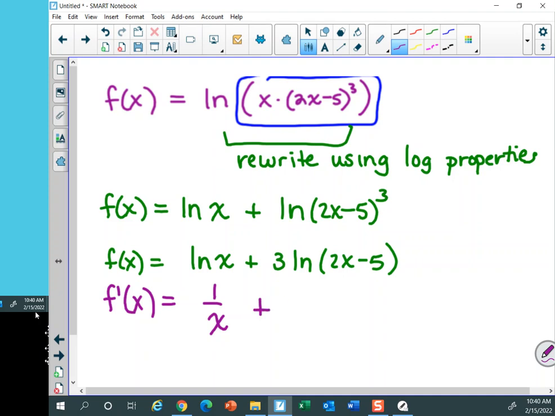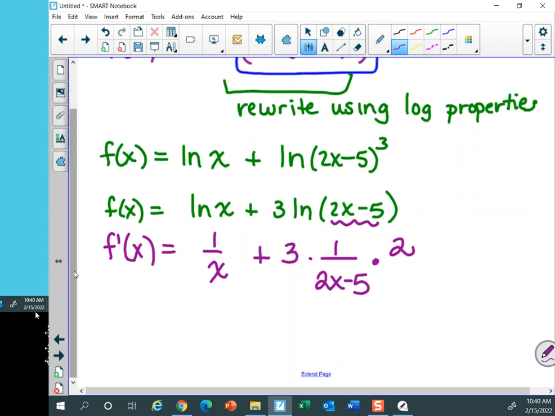All right, this back end, I'll keep my 3. 1 over 2x minus 5 times 2. As long as that's not a product or a quotient or something to a power, it's pretty easy to take its derivative.